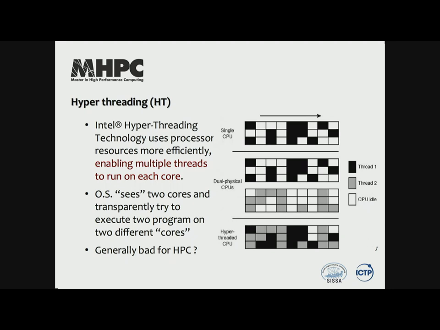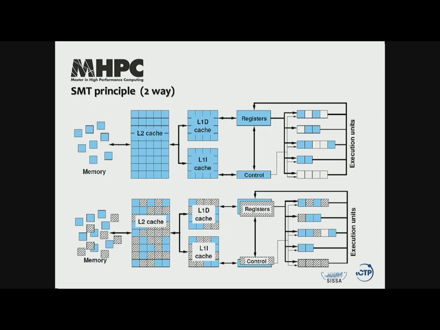For high-performance computing it is a little bit more complicated. This is SMT, symmetrical multithreading. This is not an Intel technology, but an IBM technology. Again, you combine things and try to be more efficient.